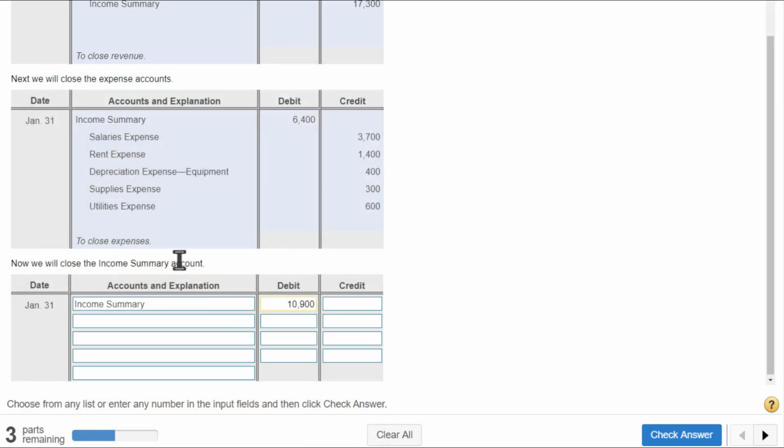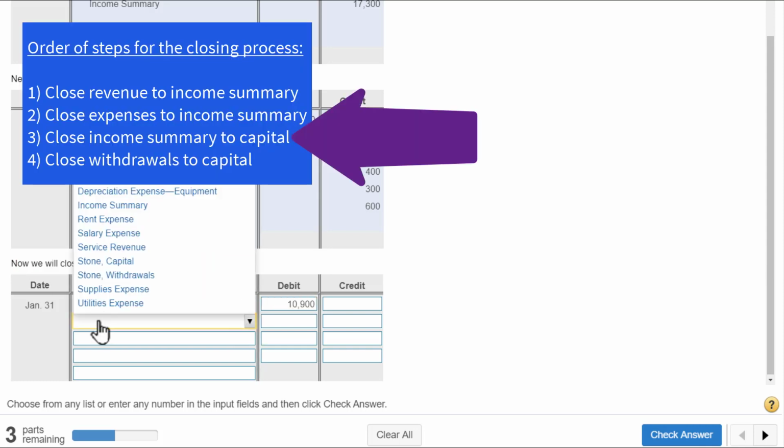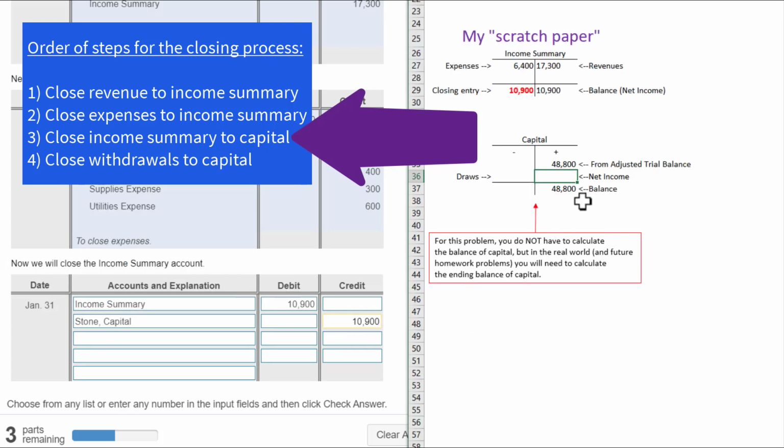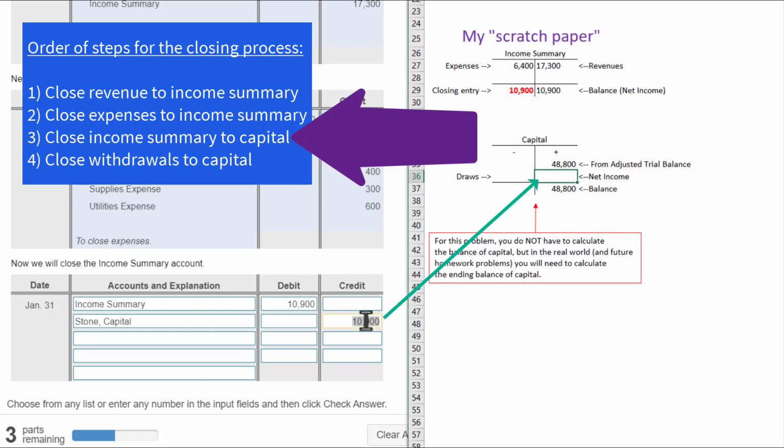So getting back to the third closing step, where do I close income summary to, which is net income in this case? It gets closed to capital. So I'm going to copy and paste this. It will be my credit. So over here, I'm going to take this 10,900 and I'm going to place it on the credit side of capital.